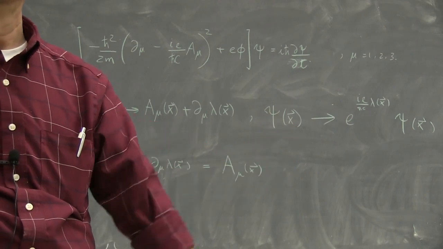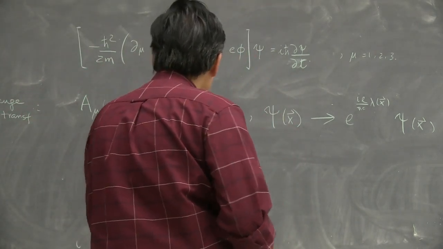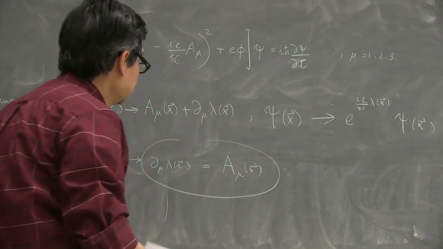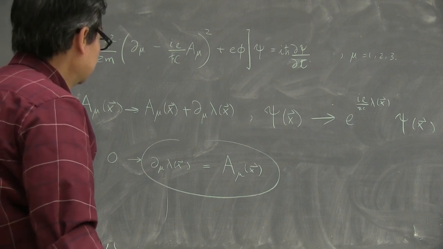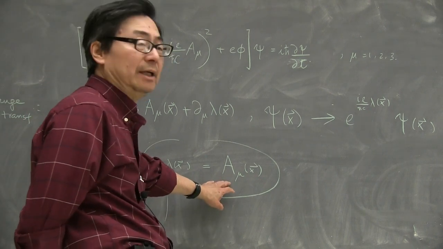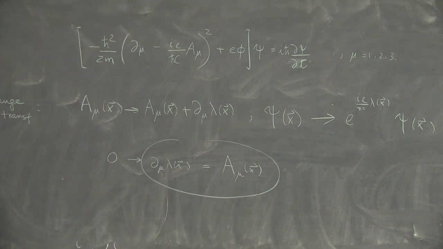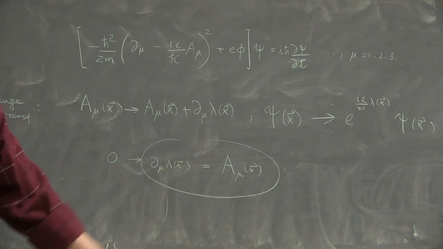All right? Then if you look at this condition in here, it's just a question of figuring out what the lambda is in terms of the newly introduced A. Obviously, what is it? If the gradient of lambda is equal to A, what is lambda? Integral of A over a certain path.